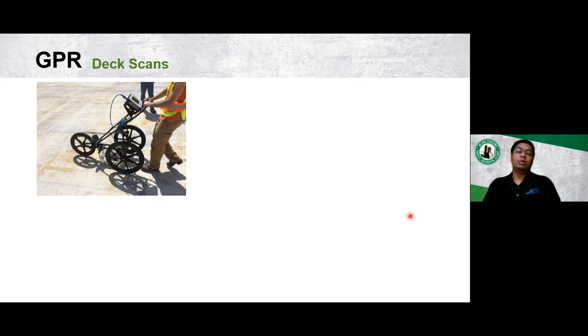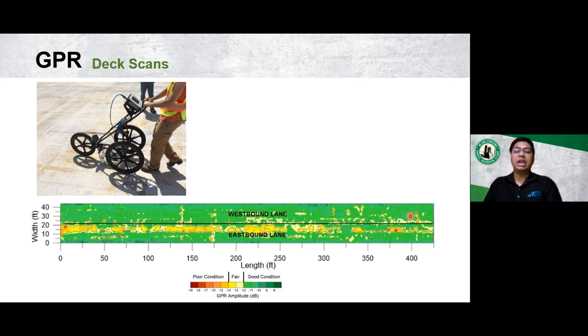So to assess the damage, we did some GPR scans on the deck, and we did amplitude analysis, and the amplitude heat maps were plotted. And as can be seen from the heat map here, the eastbound lane shows a significantly higher proportion of area with poor or fair condition as compared to the west lane, where the majority of the area was in good condition.